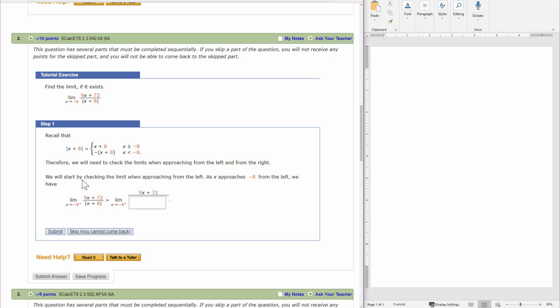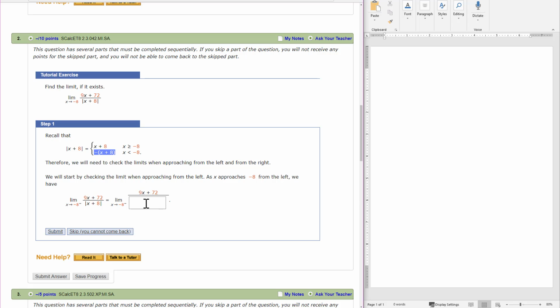If we start by checking the limit as x approaches from the left hand side, then we're looking at numbers that are less than negative 8. Numbers that are less than negative 8 will, by definition, have to use this part of the function.